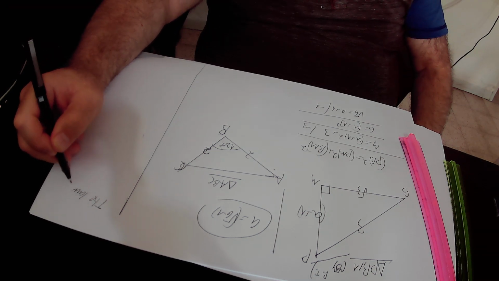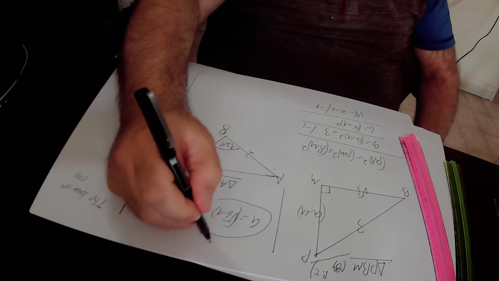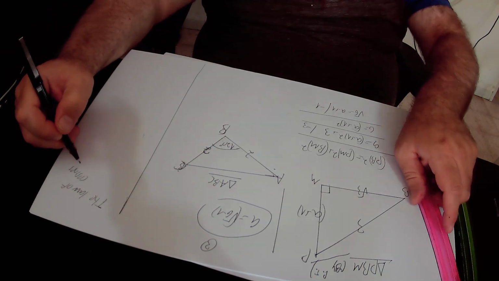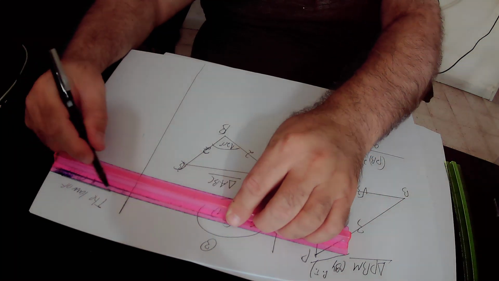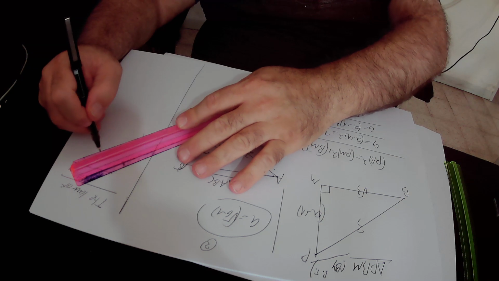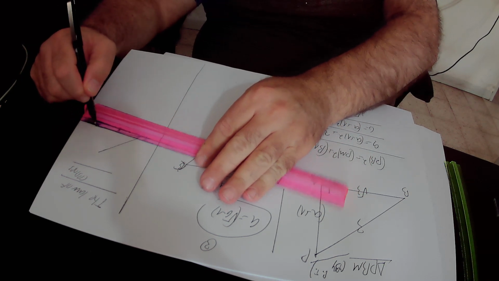The law of cosines is true in any triangle. So if we have here triangle ABC, that could be any triangle, not necessarily our triangle.